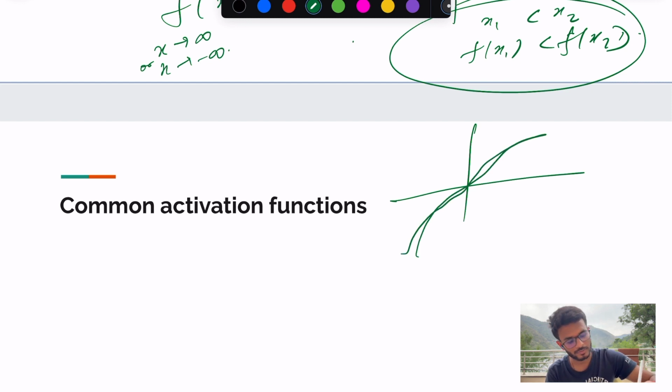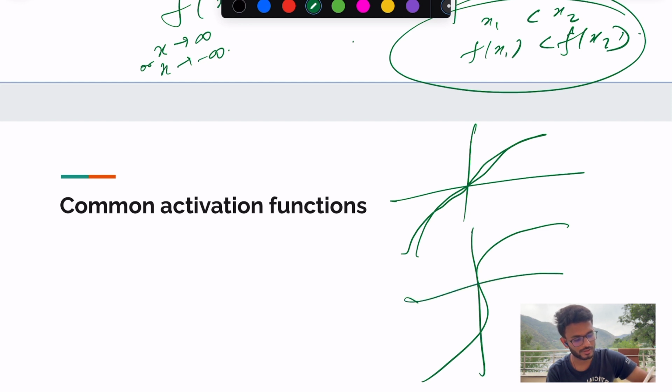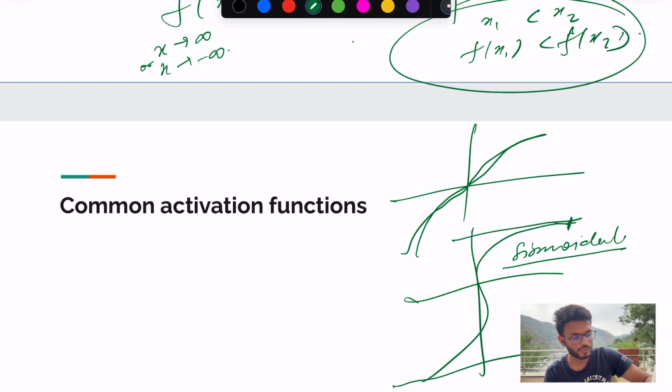This sigmoidal activation function is saturating at these particular points. If it is logistic sigmoidal, then this is 1 and this is 0. If it is tanh, then this becomes 1 and this becomes minus 1. So going up to infinity, it reaches a certain point. That is your saturating function.